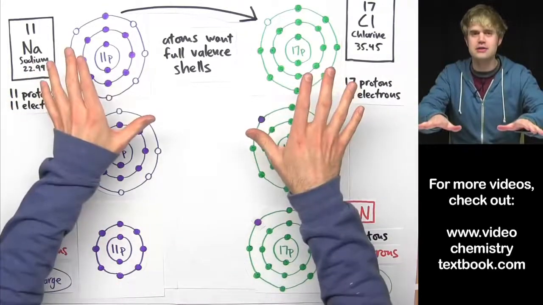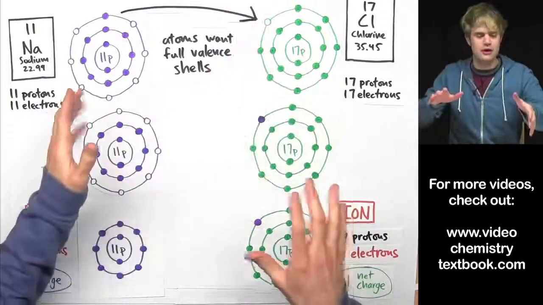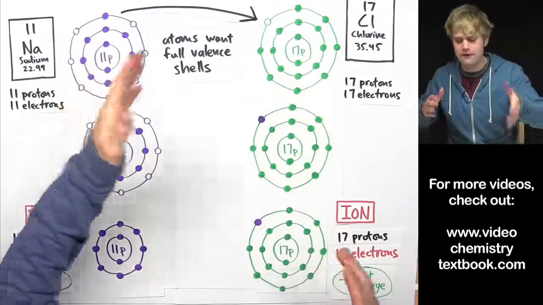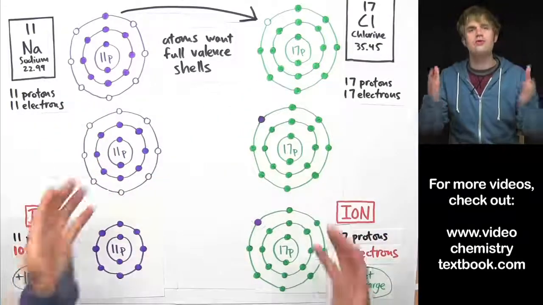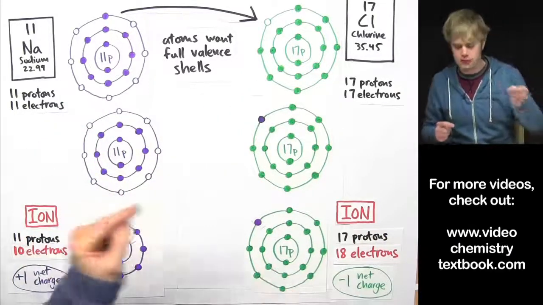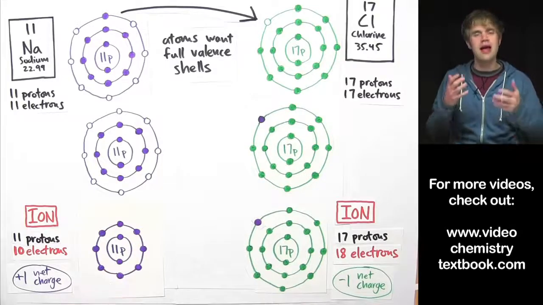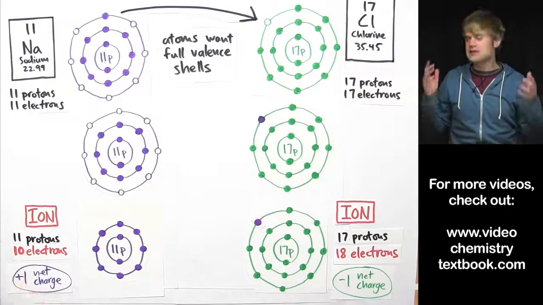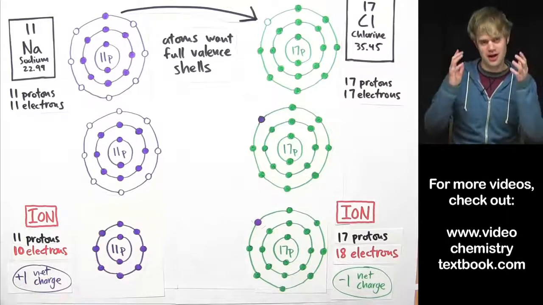So these guys trade electrons, or an electron moves from sodium to chlorine, in order for them to get full valence shells. And it's in the process of that happening that they end up getting charges.